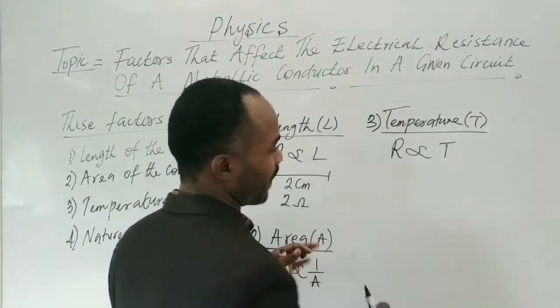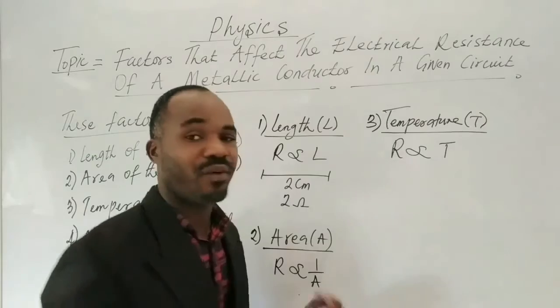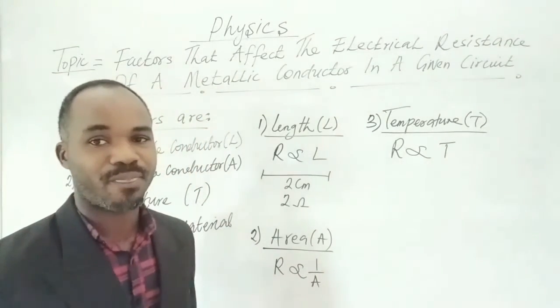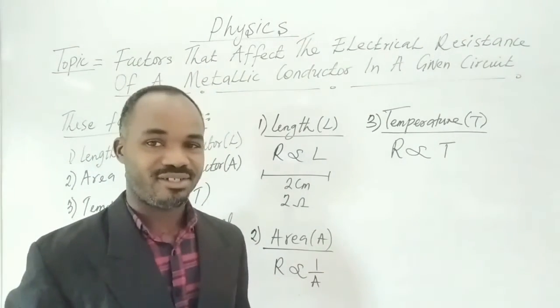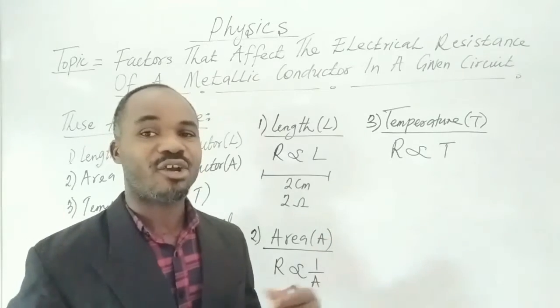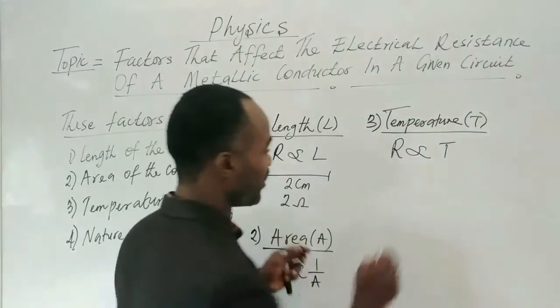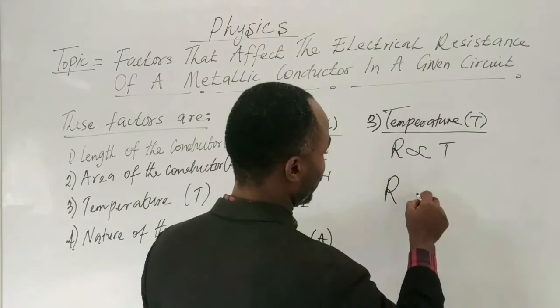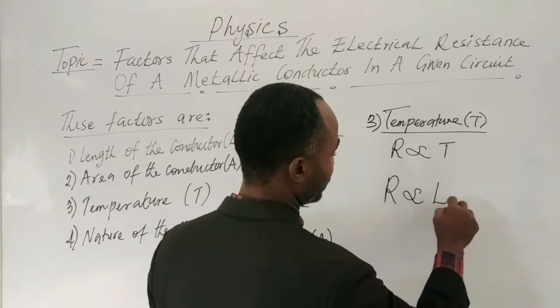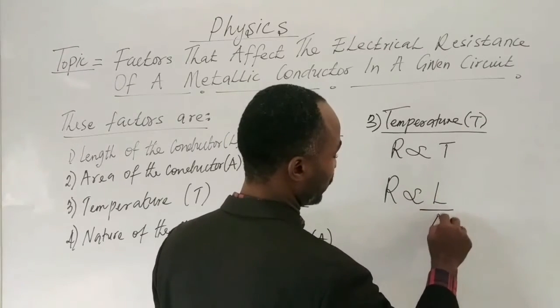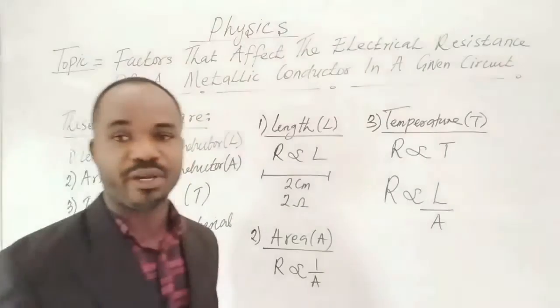So, having said that, the resistance of a metallic conductor is related to its length and cross-sectional area by this general relation: R is directly proportional to length and inversely proportional to its cross-sectional area.